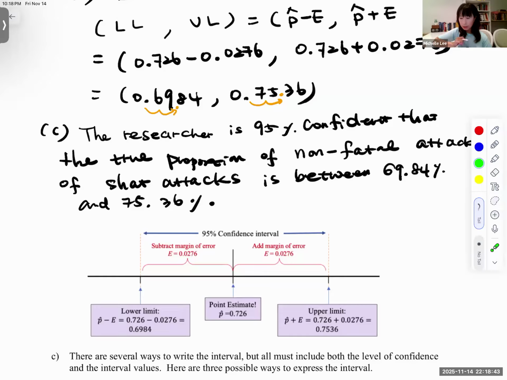Or we can think about it this way: if we know the p-hat, then the upper number minus p-hat is the margin of error too, right? Can you think about that? Yeah, so let us do the two ways, all right?